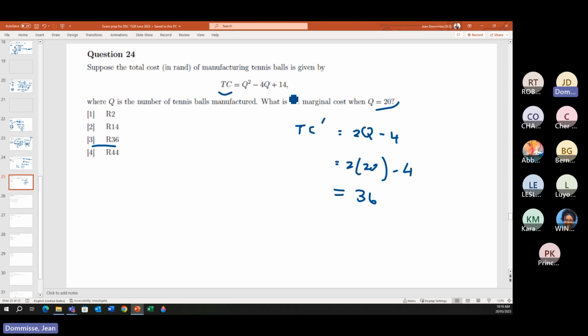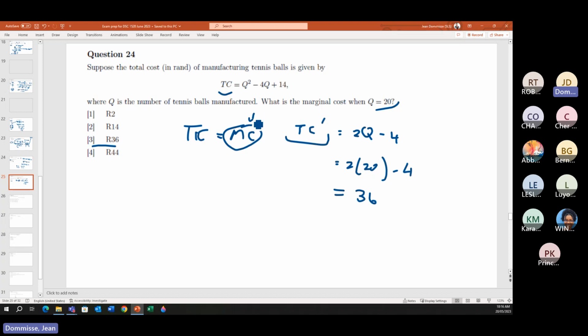Because you're working with a very easy equation here. But what they wanted to test is if you know how to get to the marginal cost. That's all. They didn't want to catch you out with a difficult formula or anything.